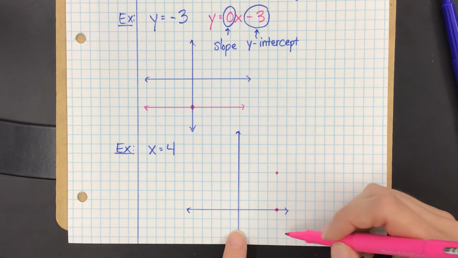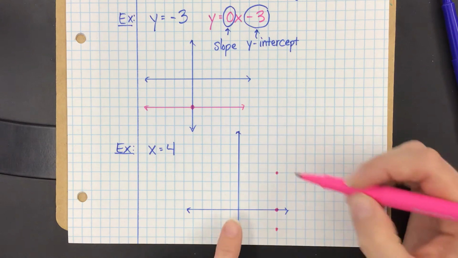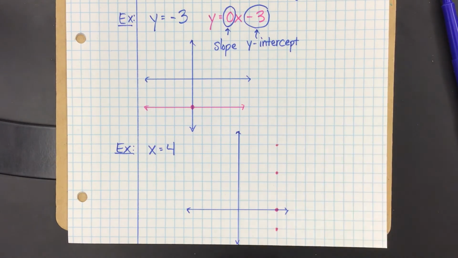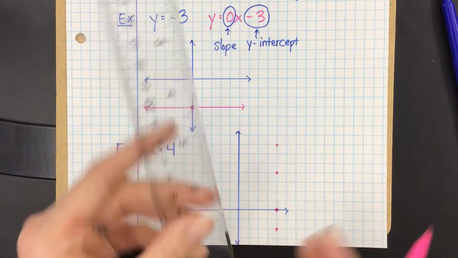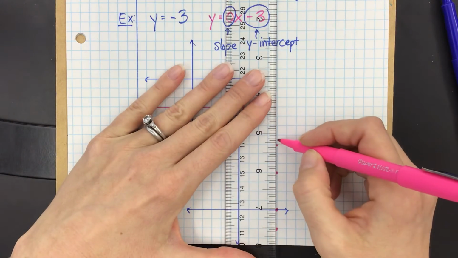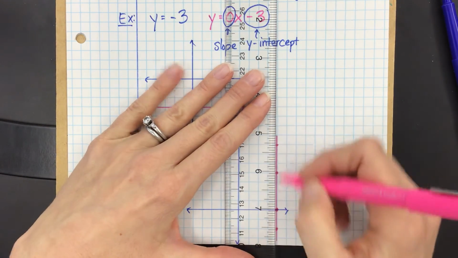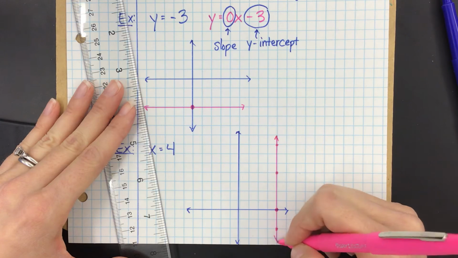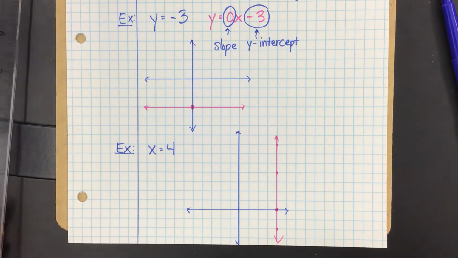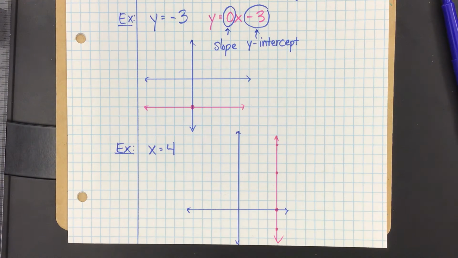If y is -2, x will be 4. And what you're going to end up with is this vertical line, like this. Okay? And no matter what y is, like I said, your x is going to be +4.